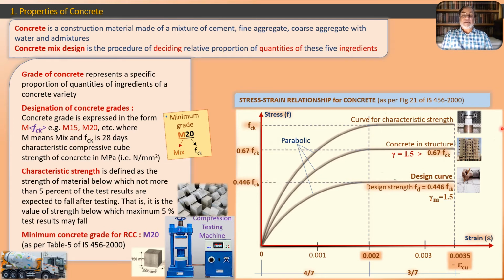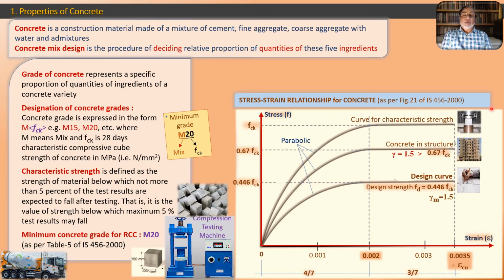Because of that, we have to apply what we call partial safety factors to the values which we have obtained directly from experiments. That is why IS 456 is telling us we have to reduce this value fck twice.